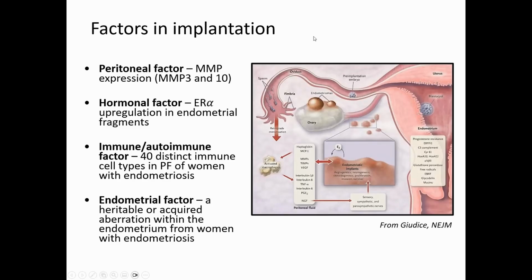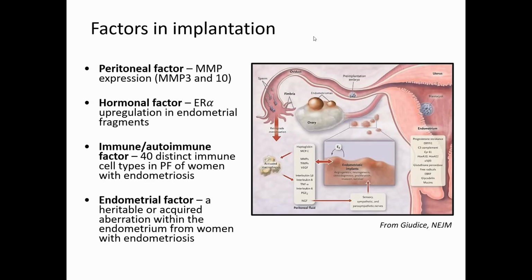So what are the factors involved in the implantation of endometrial product into the peritoneal cavity? And I lift up a New England Journal of Medicine review article from Dr. Linda Giudice, and this images an encapsulation of endometriosis pathophysiology found in that review article. Some of the factors that have been purported include a peritoneal factor.